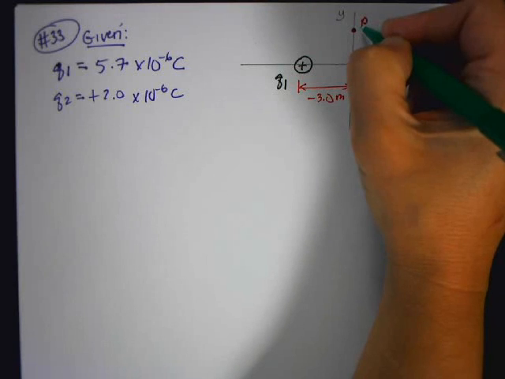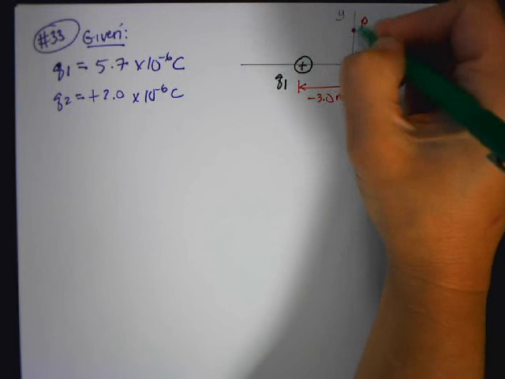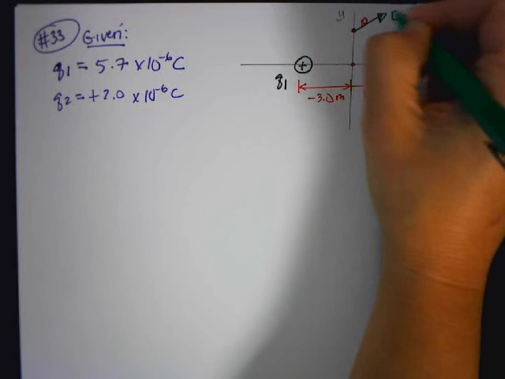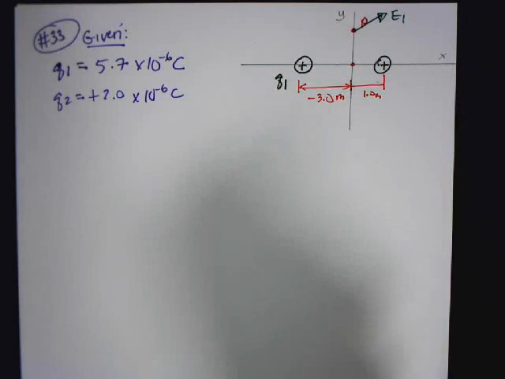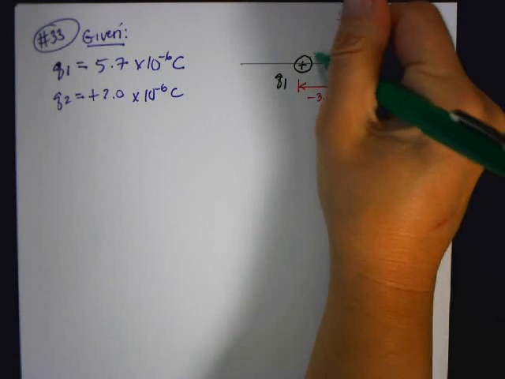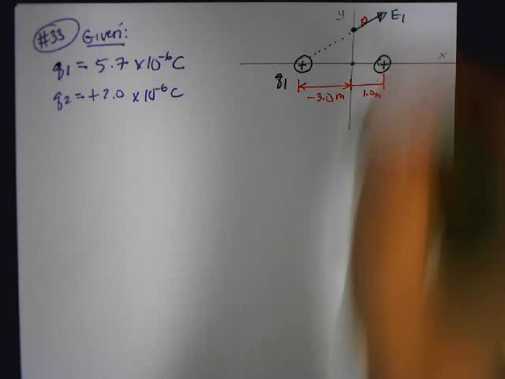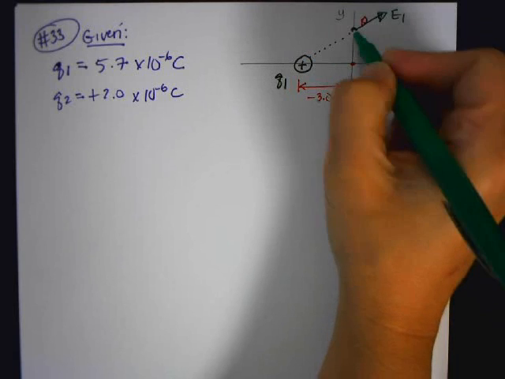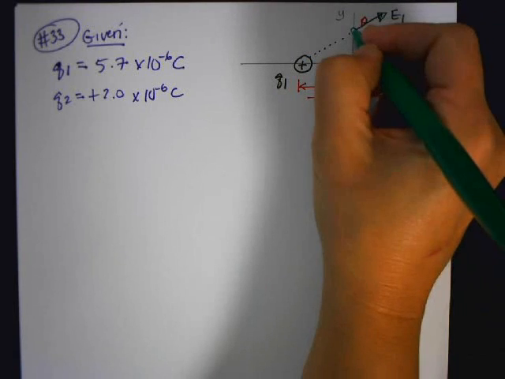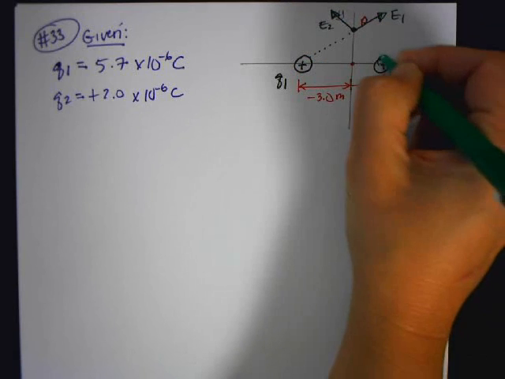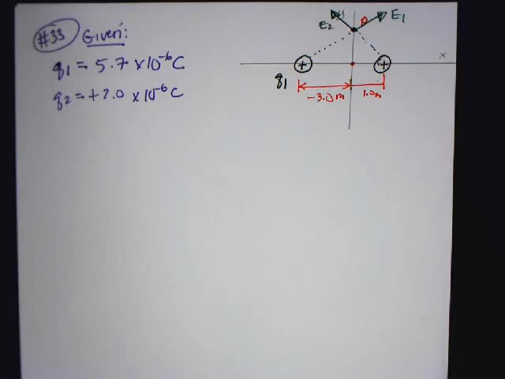The electric field always goes in or out of positive? Out. So instead of drawing it this way, I'm going to draw it this way, and this is E1. I just did an imaginary line, but at this point it's going that way. Then I'm going to see this charge on the point. This one's also positive, so E2 is going to go this way. Again, another imaginary line.